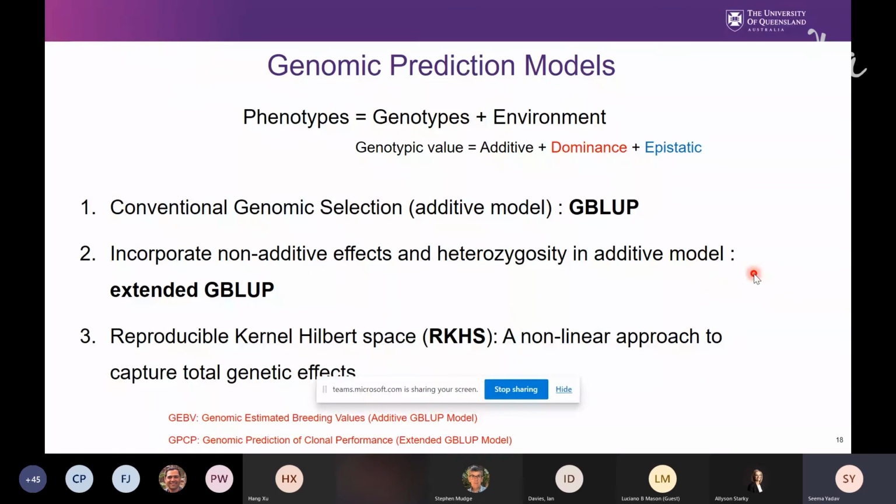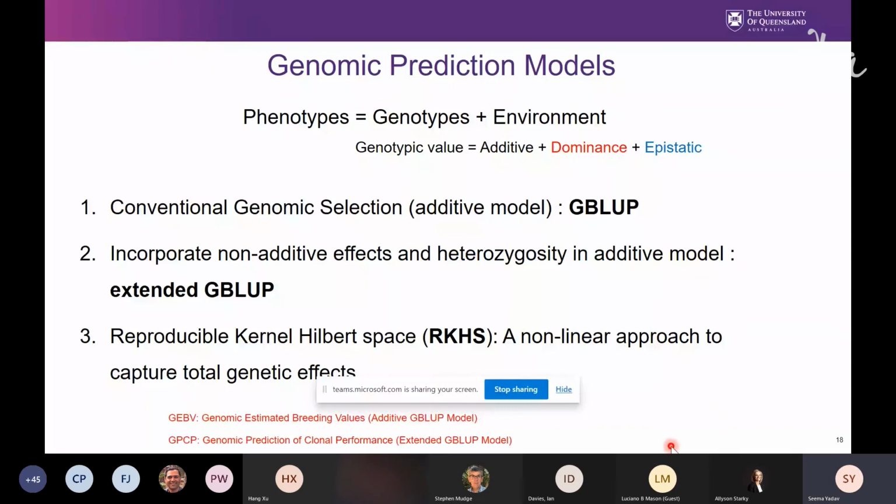And then, because GBLUP is a linear approach, but we are well aware that phenotypes and genotypes are not linearly related, we go for a non-linear approach also, so we can capture the total genetic effect. Our model is reproducing kernel Hilbert space.